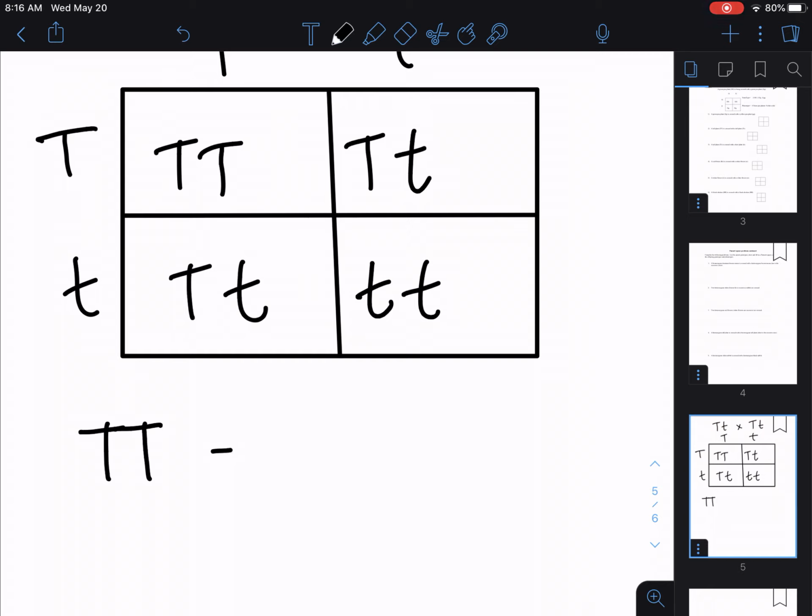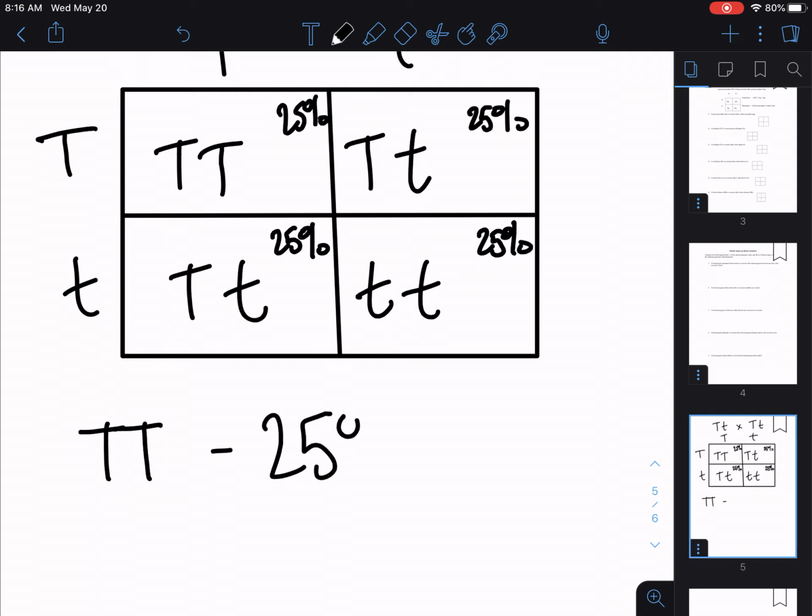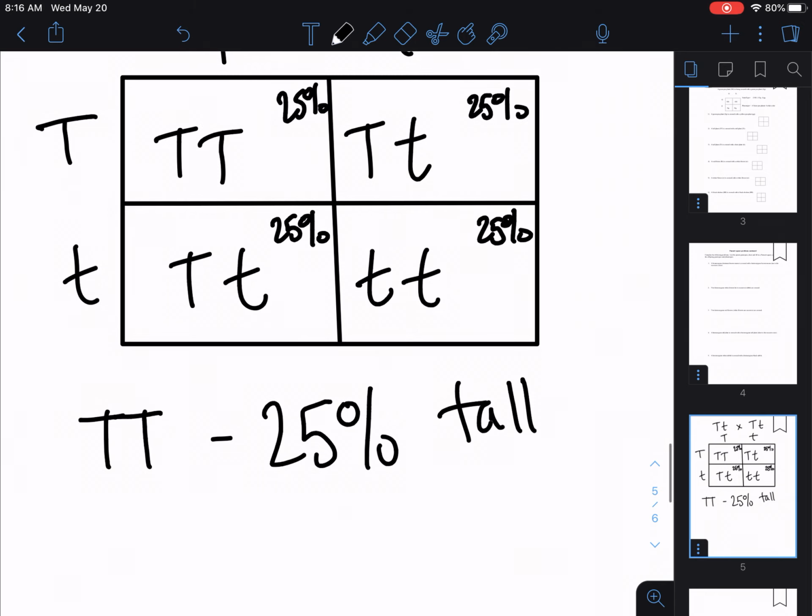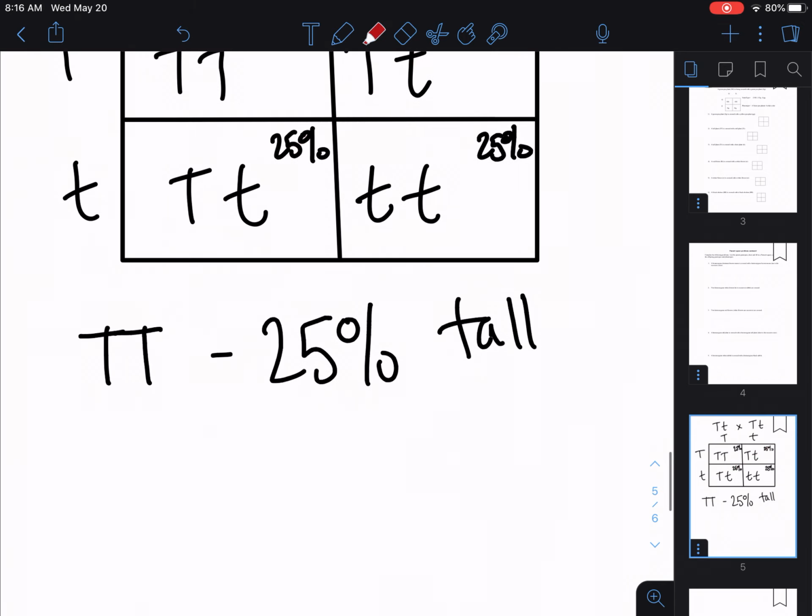Okay? And so we have the alleles of big T. Since there's 4, each one of these is worth 25%. They're a quarter. So this is 25%. And this one is tall. That's the dominant trait because they both have 2 big T's. Now, right here, those two, 25 plus 25 is 50%.